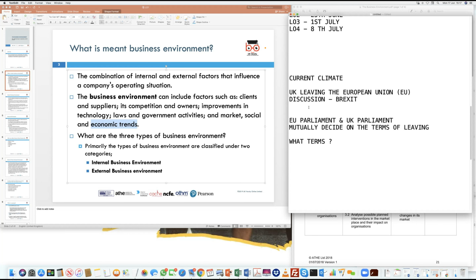But because there is uncertainty in terms of Brexit, as of now, it is affecting businesses both in the UK and in the EU.